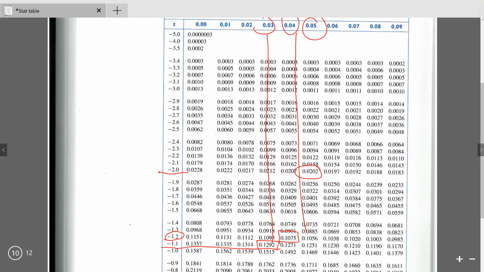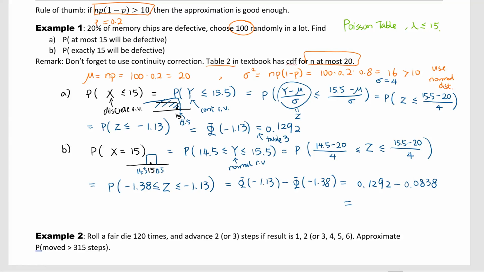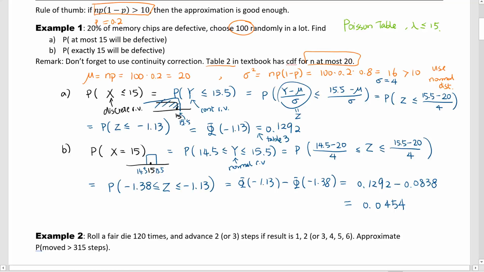Negative 1.38. Where's the 8? Oh, this guy, right? So it's 0.0838. So plug this in your calculator. What do you get? I get 0.0454. Do you have the same answer? Yay! Let's continue.